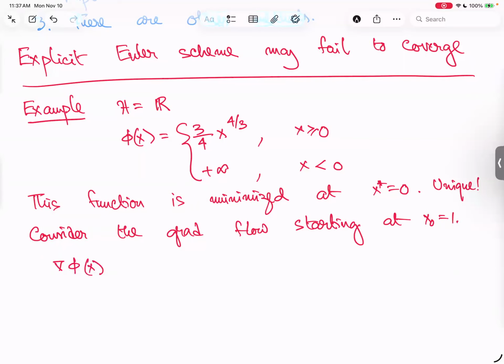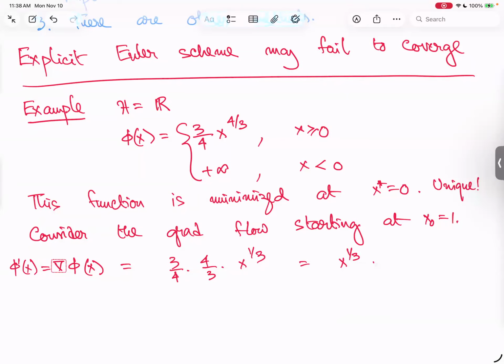Inside its domain, the gradient is well defined because this is a smooth function, except for x equals 0, as we'll see. The gradient of phi of x, which is just phi prime of x, is 3 over 4 times 4 over 3, x to the power 1/3. So it's just x to the power 1/3.